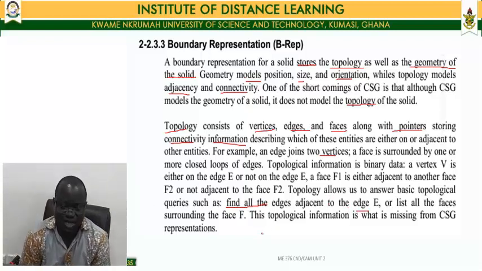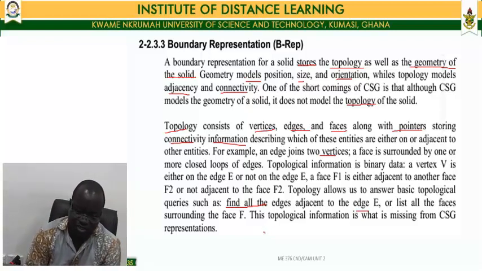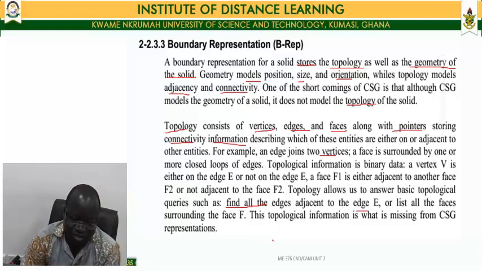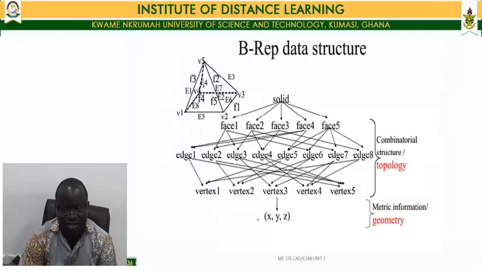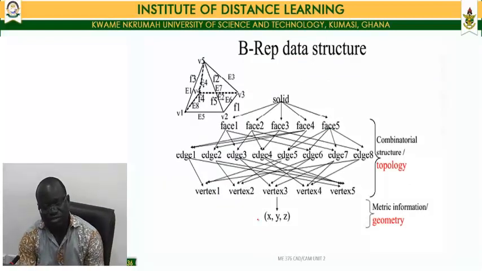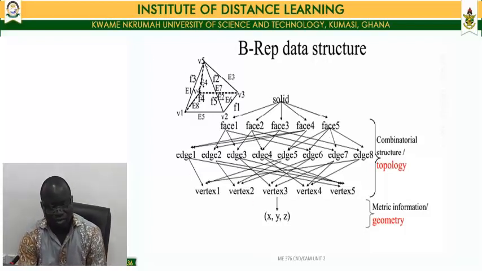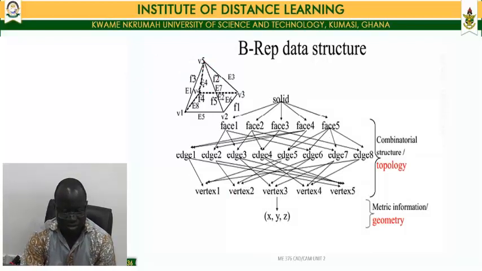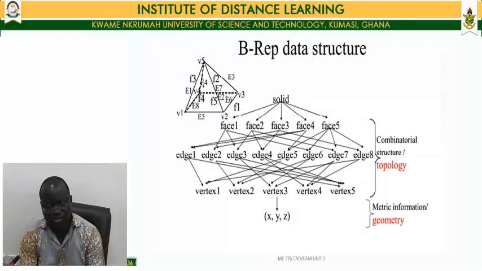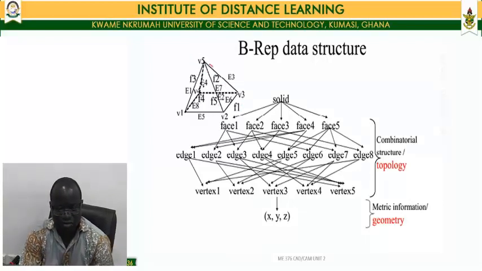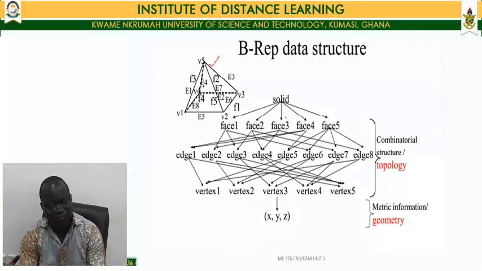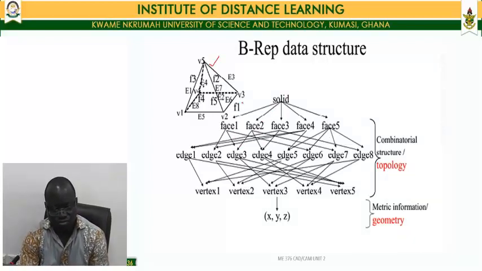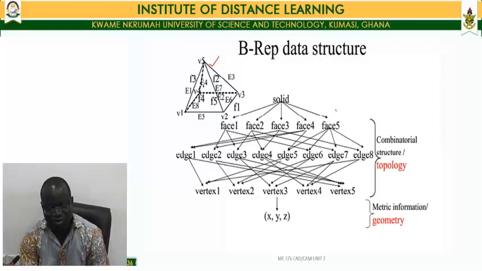So when you take a typical boundary representation data structure, this is what we see. If we take this shape represented by various vertices, edges, and faces, this is a solid, as you can see from the view. Now from this solid we can break it down to the faces that form the solid, which we labeled as face 1, 2, 3, 4, 5. Now these faces have edges forming closed loops around them. So if you take face 1, you can describe the edges that form the loop around it.